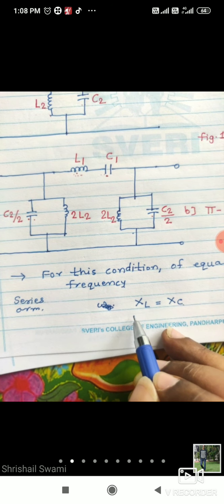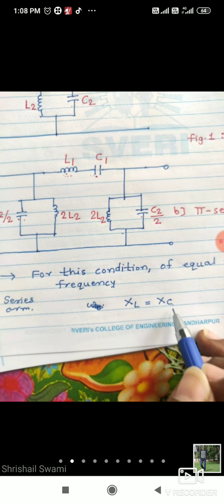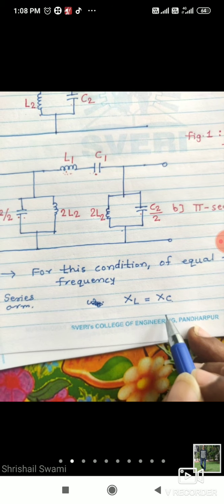XL means omega 0 into L1 by 2, and this is 1 upon omega 0 into 2C1. According to that you can write the values. So XL means omega 0 into L1 by 2 is equal to XC, which is 1 upon omega C. So 1 upon omega 0 and C is given as 2C1. Is that correct? Multiplying, omega 0 square, the 2 cancels on both sides.